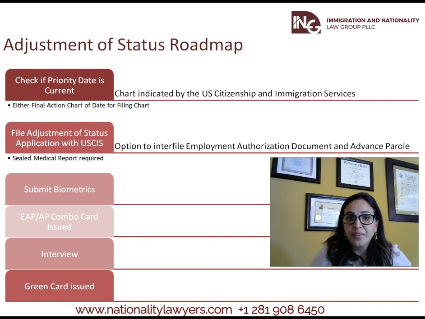The other thing is, for the advance parole document, even though you may have an H-1B or L-1, the regulations now say that if you travel outside the US while the advance parole application is pending, your advance parole application will be considered abandoned. That's for the initial application, but that's not to be confused with the green card application abandonment. If you have any specific questions about this, because this can get very tricky and confusing, please feel free to reach out to us and we'll be glad to explain to you.